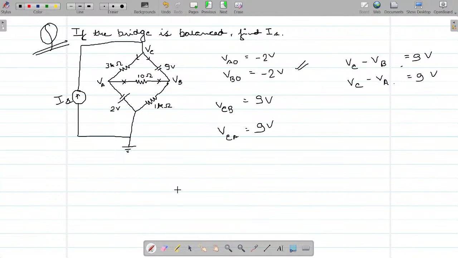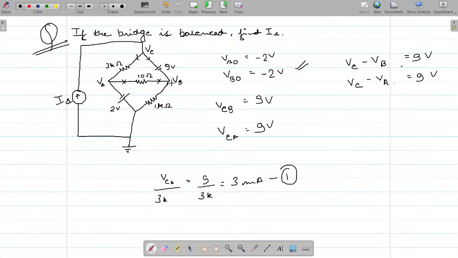So let us calculate the current in this 3 kilo ohm resistor. VCA upon 3 kilo ohm is equal to what? VCA is 9, it is 3 kilo ohm, so the current comes out to be 3 milliamperes. This is the current in one branch, right?